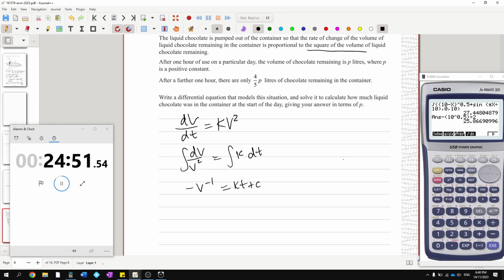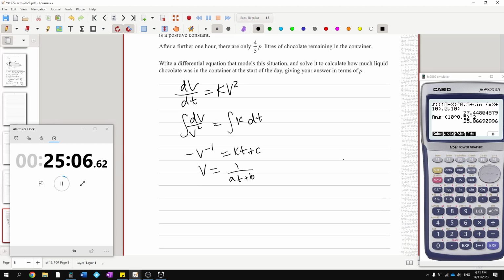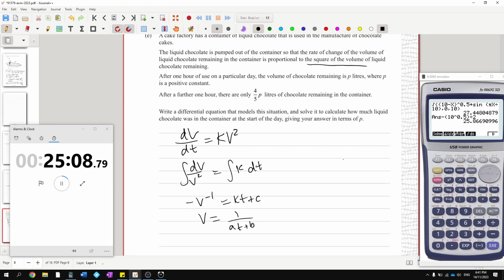Minus V to the minus 1 equals kt plus c. What I'm going to do is literally pick new constants so that I don't have to have these ugly minus signs. So after 1 hour of use, volume remaining is p liters. Wait, does that have to be the first hour though?